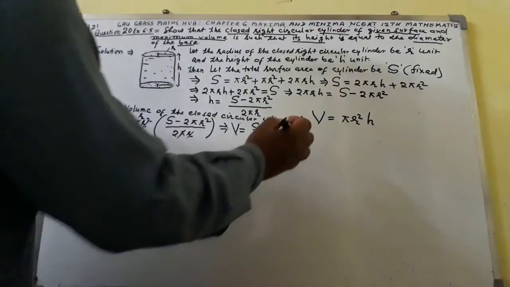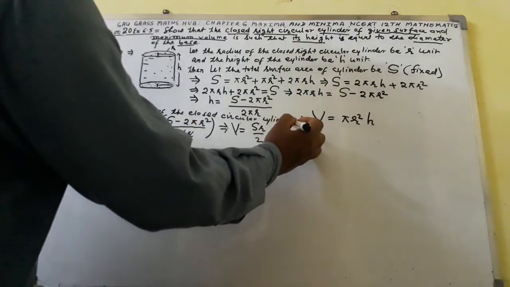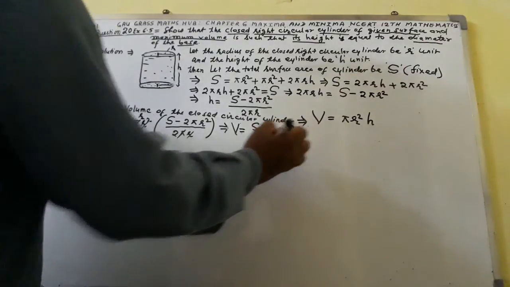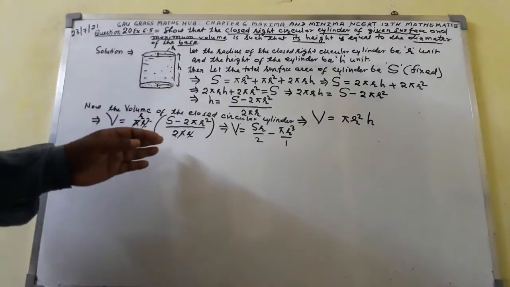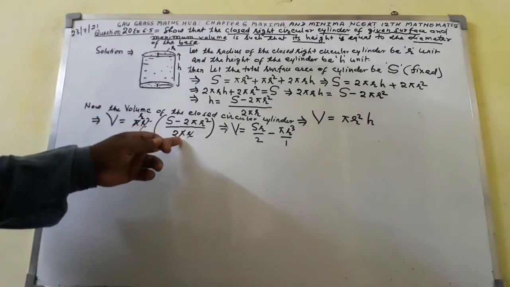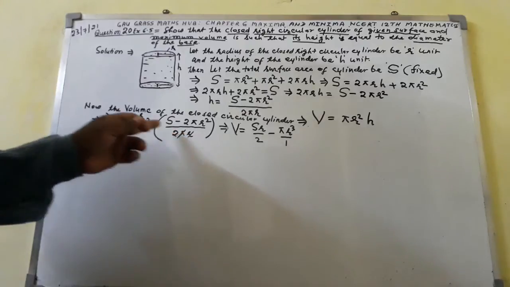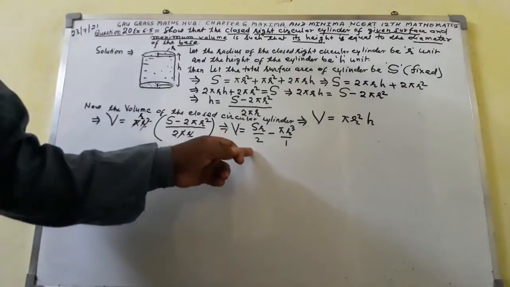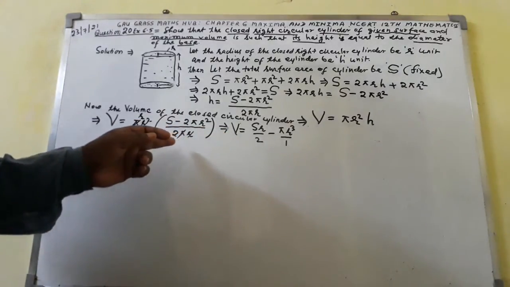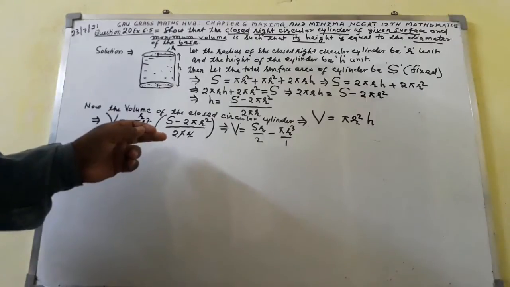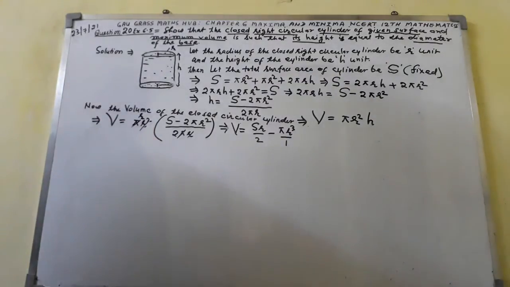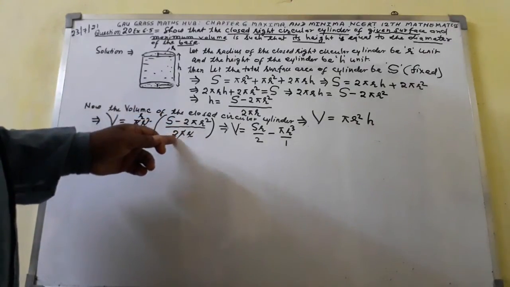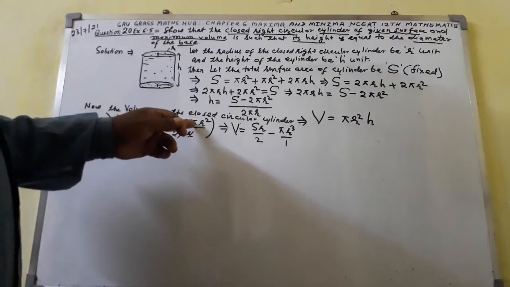So here you will get pi r cube over 1. Just come again to tally, pi has been cancelled out, this r has been cancelled out, get here r. So SR over 2 minus, here 2 will be cancelled out, so we will get here minus pi r cube.